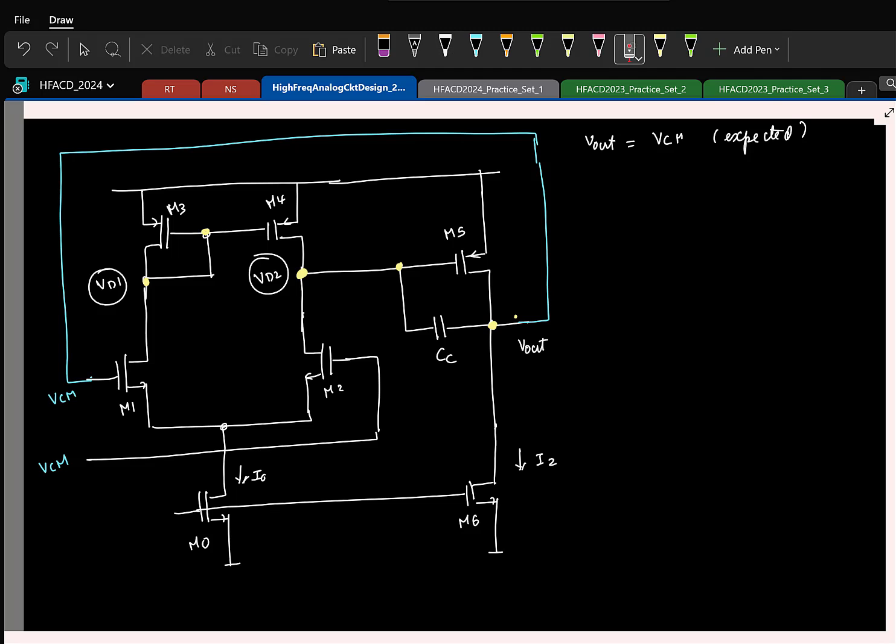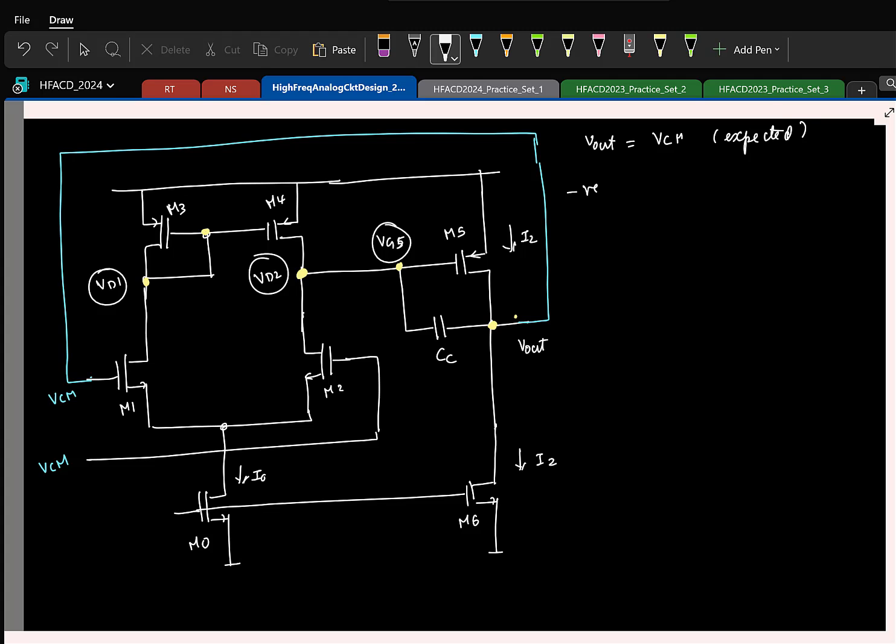But we know that this negative feedback, what it essentially does is makes the current flowing in these two transistors to be equal. Okay. So the current flowing in the transistor M5 is equal to I2. So if the current flowing here is I2, what can you say about the gate voltage VG5?